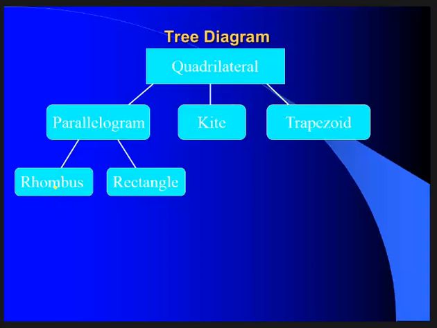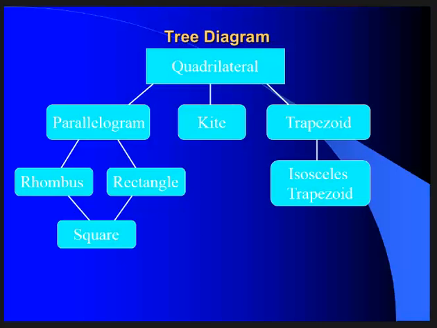Congruent sides, but not congruent angles. Congruent angles, but not congruent sides. Then we could create a figure that has both congruent sides and congruent angles, and we call that the square. There are no special kinds of kites, but we had one special kind of trapezoid, and that was the isosceles trapezoid.